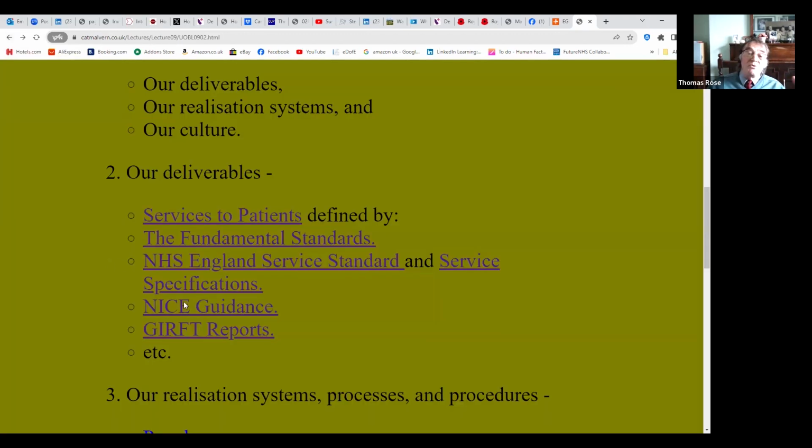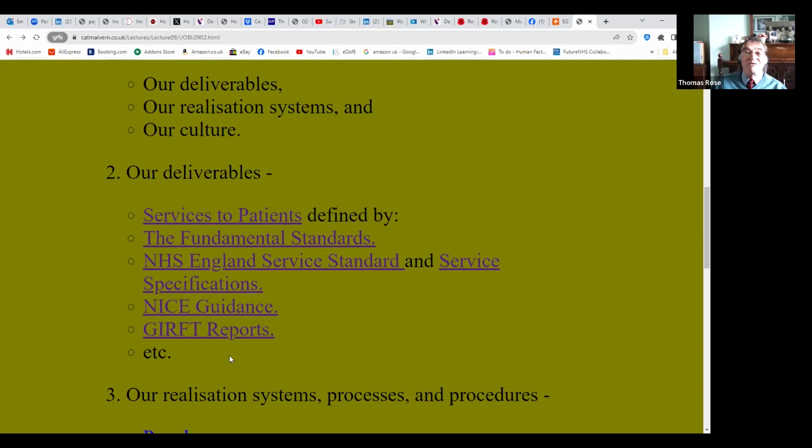So all of those documents define your deliverables, and it really is up to you and your trust to say which of these documents you're going to put your trust in, because there are so many. There was a talk I gave previously where someone was looking at the standards for one of their services, and they found 150 different documents that defined that standard.